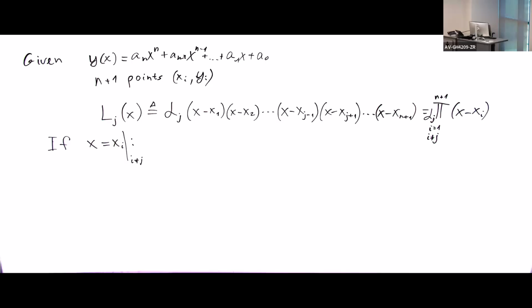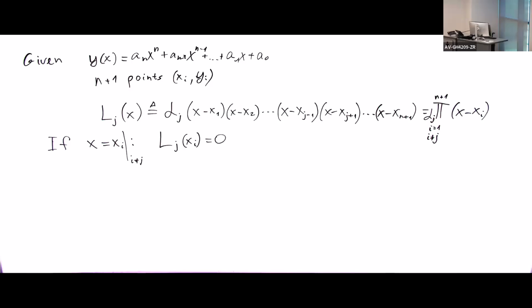Why? Because at least one of these factors will be zero. If you multiply zero by whatever, it still will be zero. Right? So L_j(xi) will be equal to zero by definition of the polynomial, regardless of what alpha is or any other factor is. One of these factors will be zero, multiply zero by whatever, you get zero.